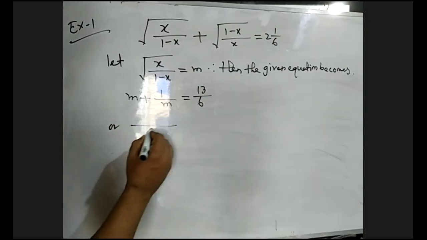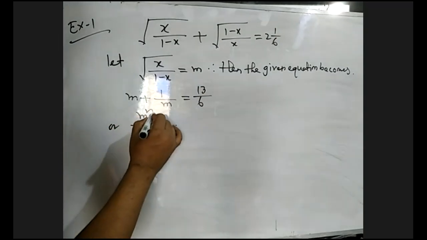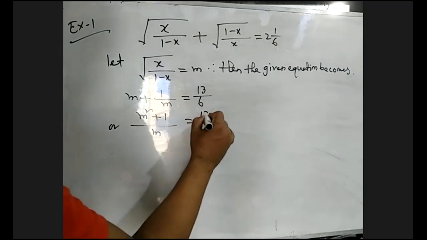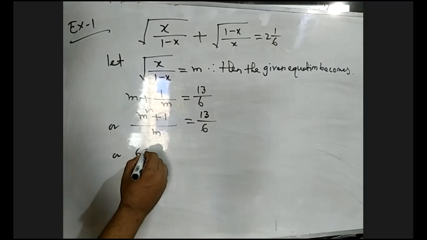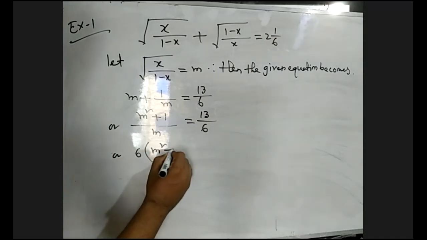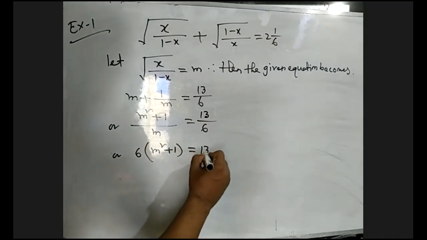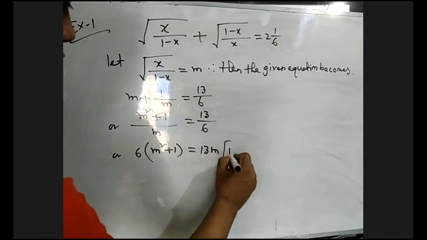So taking LCM, m square plus 1 equals 13 by 6, or 6 m square plus 6 equals 13 m, by cross multiplication.